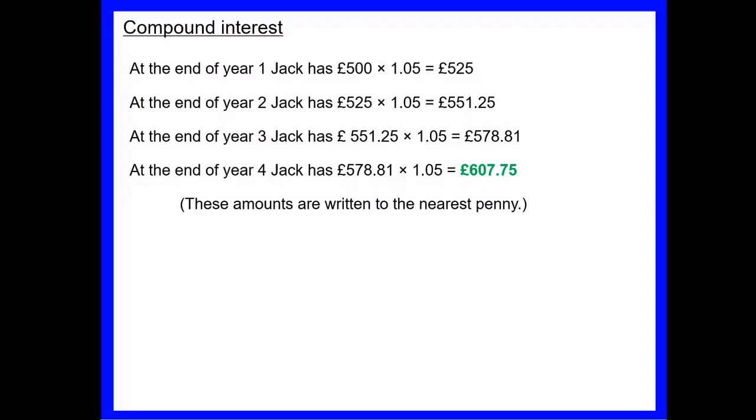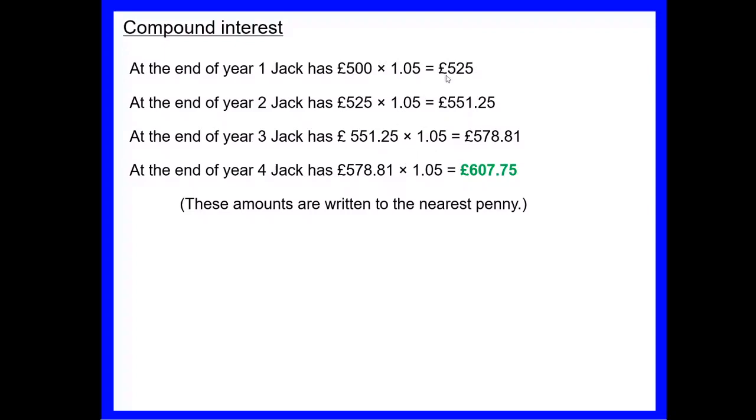Now that method's great if we only need to do that for a small amount of time. If we needed to do that for a longer period of time, let's say we want to do that for 20, 30 years, that would take us quite a long time. But if we look at those calculations, hopefully we can see that every time we're multiplying by 1.05. So all we're really doing is putting in the 500 times 1.05, pressing equals, and then multiplying that new number.